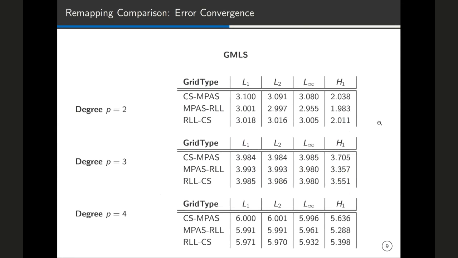But with these meshless schemes, with degree 2, we're getting order 3, and the gradient norms are order 2. And similarly for degree 3, we're getting order 4, and the H norms are showing some superconvergence here. And for degree 4, we have really high superconvergence, so those are order 6. And so that's good.